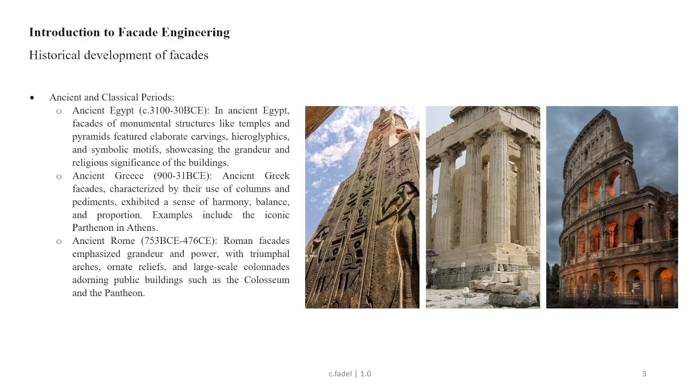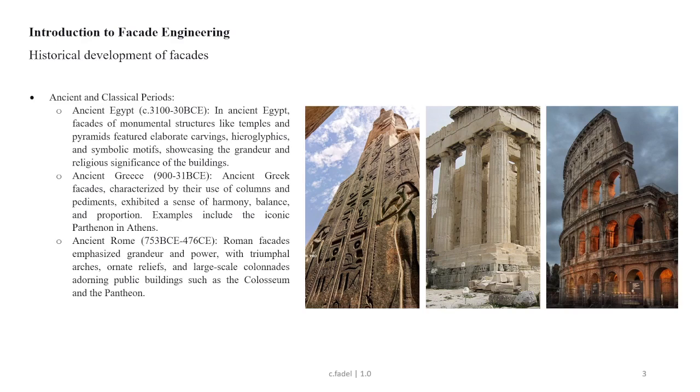Ancient Greek facades happened from 900 to 31 BCE. Basically, ancient Greek facades, characterized by their use of columns and pediments, exhibited a sense of harmony, balance, and proportion. An example is the iconic Parthenon in Athens, which used Doric, Ionic, and Corinthian columns, supported entablatures, and regular pediments, often adorned with sculptural reliefs depicting mythological scenes.